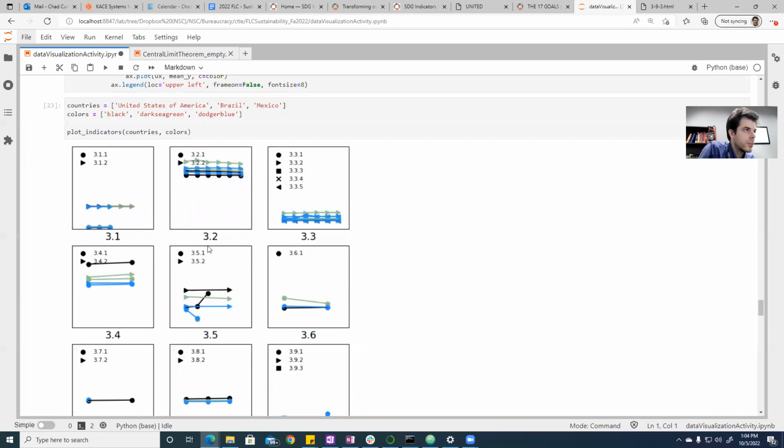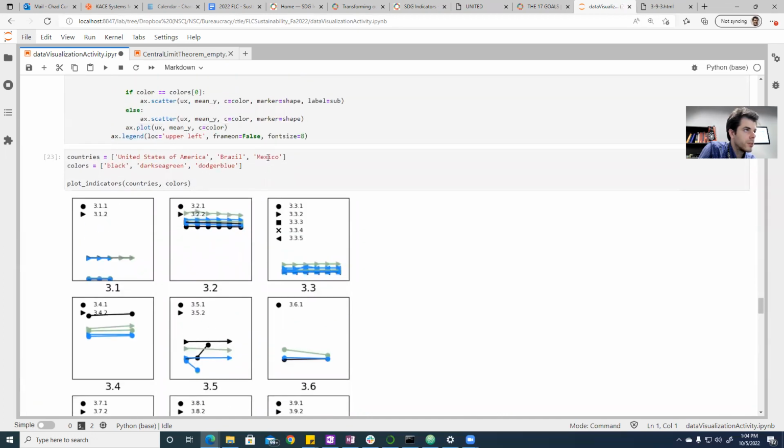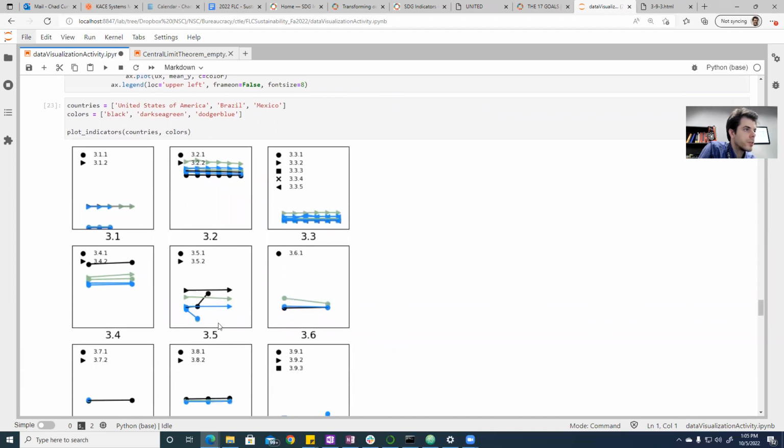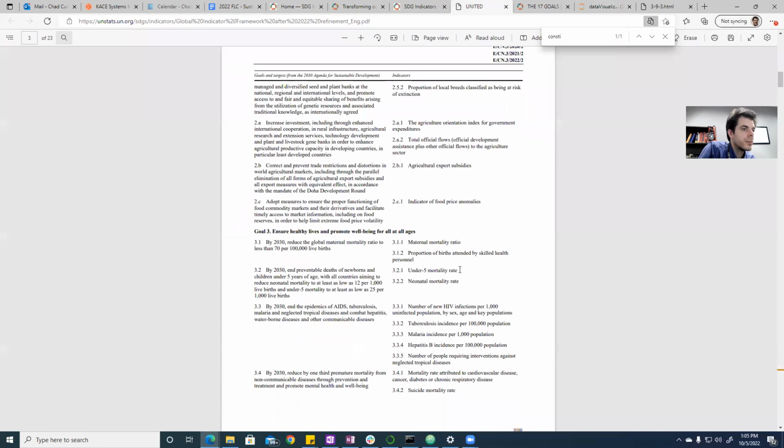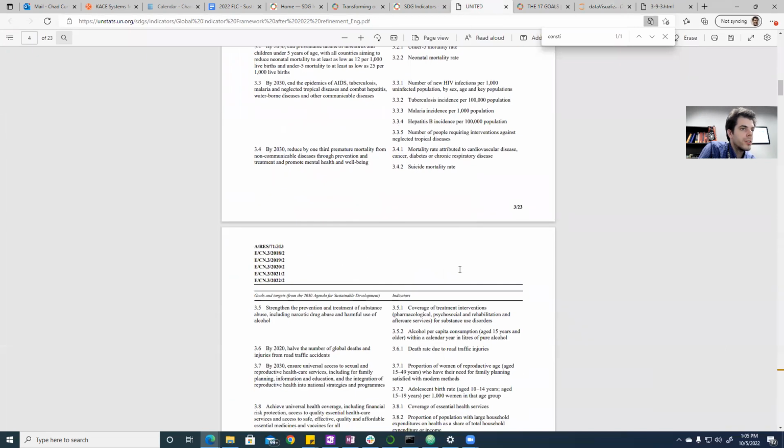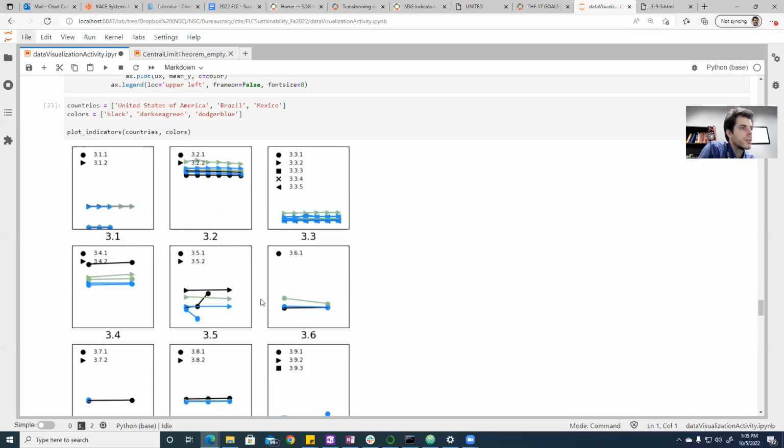So black is increasing and blue, Mexico, is decreasing in whatever 3.5.1 is. So in this case, 3.5.1 is coverage of treatment interventions for substance use disorders. Interesting. So America has been increasing in that, while Mexico has been decreasing.